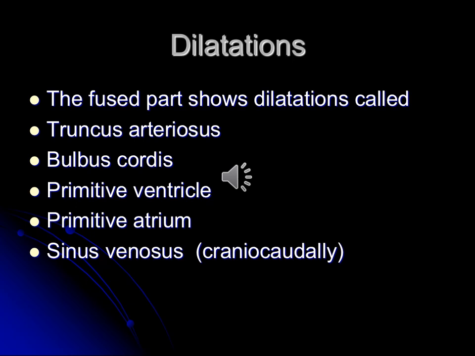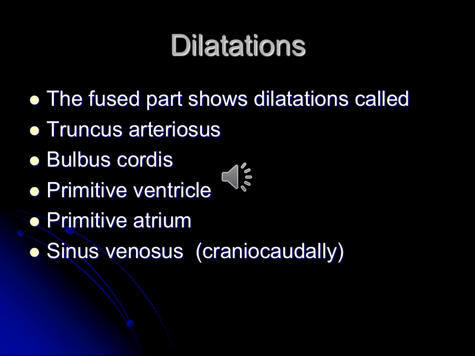So far we are dealing with a single tube. We have not yet partitioned them into right and left. That is the point to remember. The next chamber, caudal to the bulbus cordis, since they are coming from the ventricles, is called the primitive ventricle.